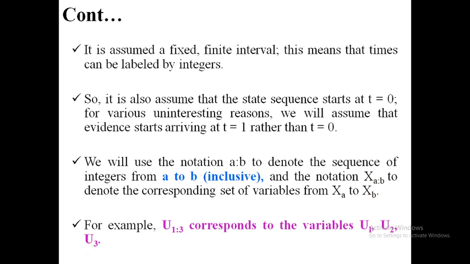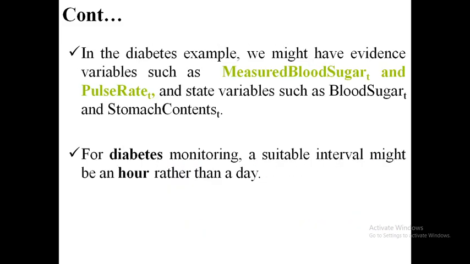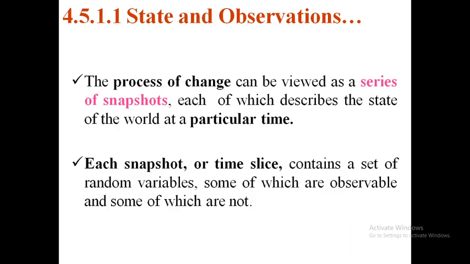Subscript, okay. If you want to know this information, we give a subscript, U of 1 to 3. That is, the umbrella is verified from the first day to the third. So this is all the introduction regarding what the state is and how the observation can be. Our state is the random variable X, and our observations are the evidences.